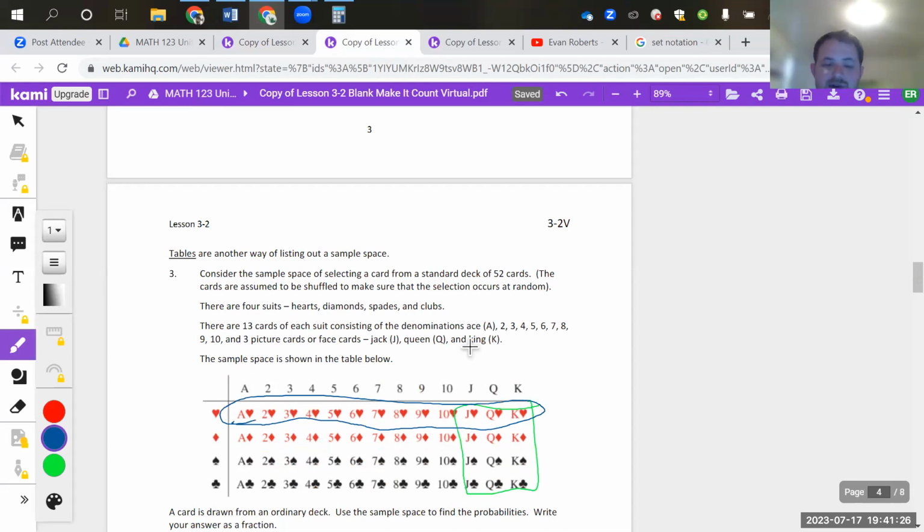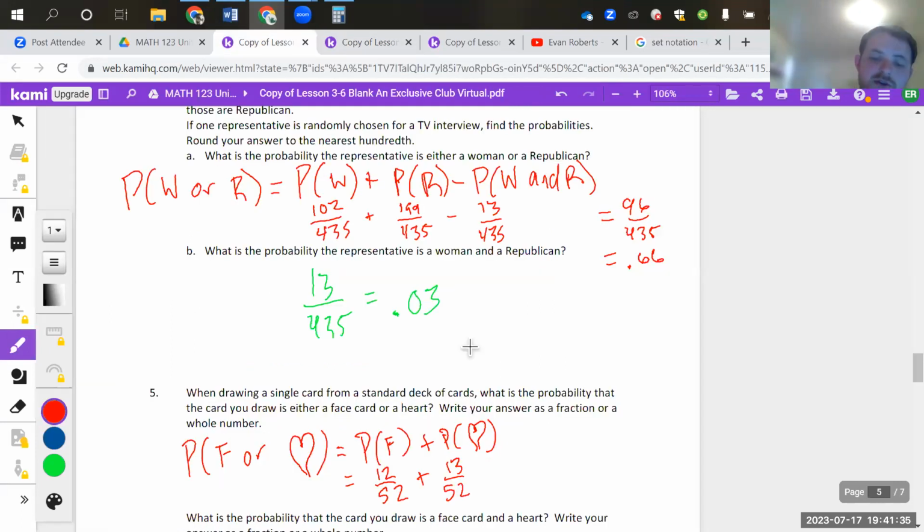There are 3 in the overlap, and we counted the 3 twice if I count the 13 blues and the 12 greens. That's why here you have to subtract off the probability of face and heart, because it was counted twice. So you want to subtract off those 3, the jack, queen, and king of hearts.